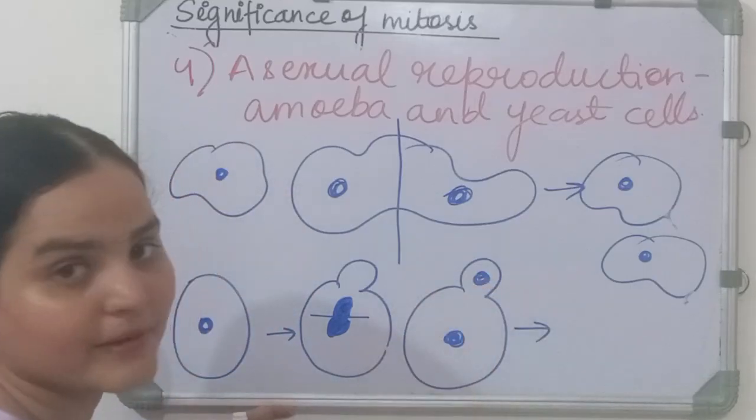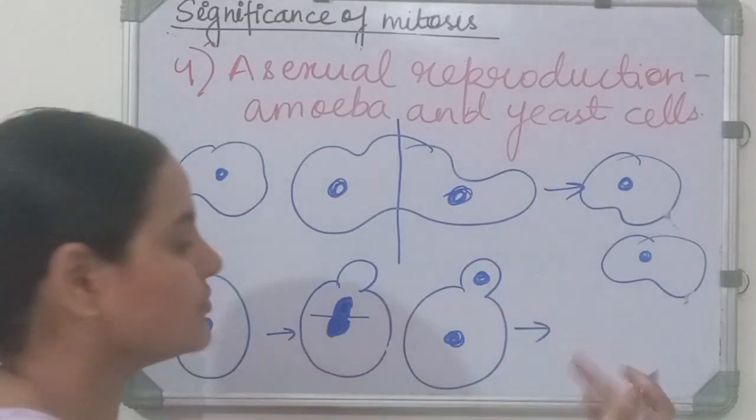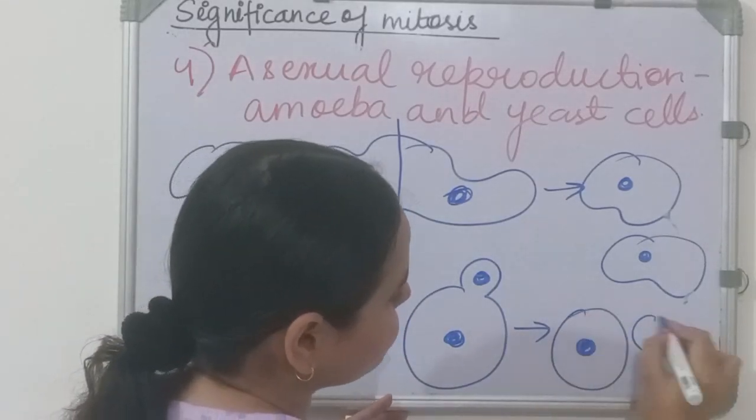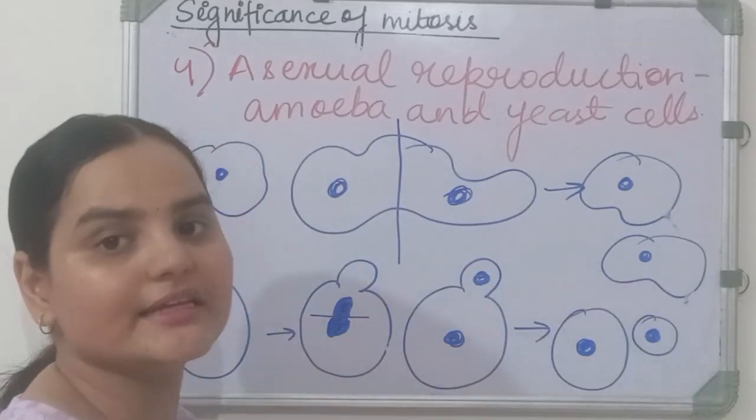Now this small bud will detach from the parent cell and form a new yeast cell. So this is the original, and this new bud will enlarge and form a new yeast cell.